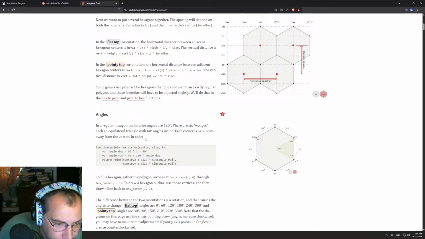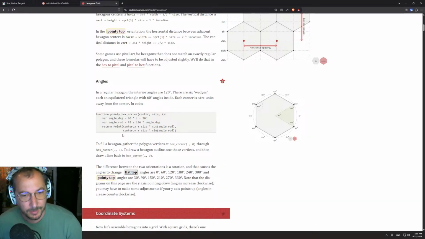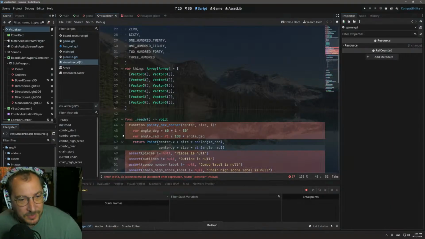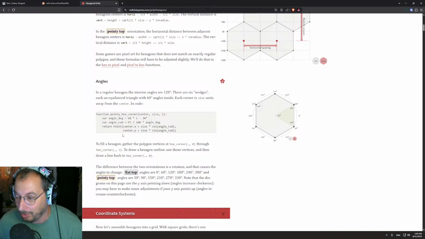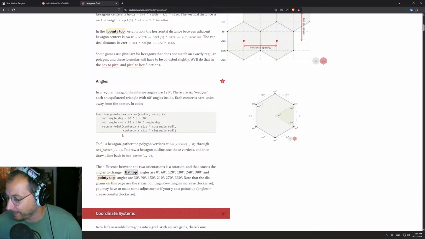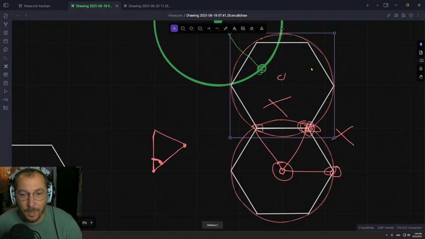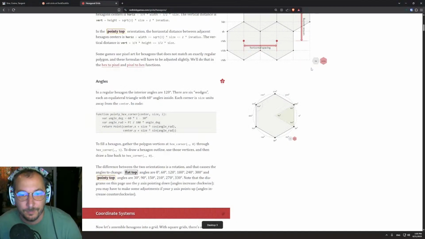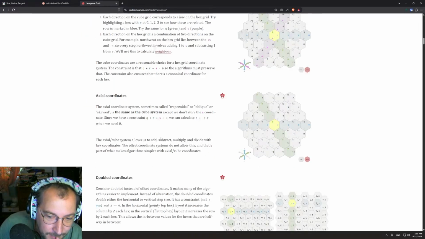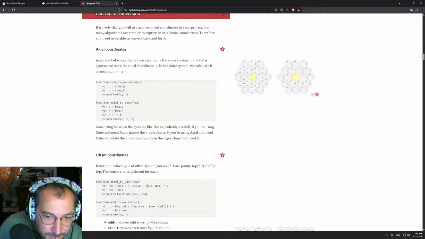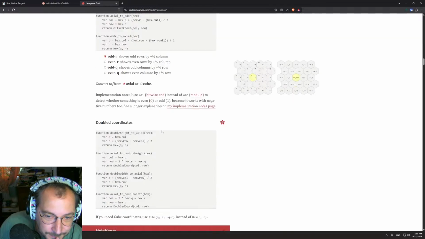So, okay, we're getting there. Math is its own programming. All this to do this once. He actually might have the math somewhere for this. It doesn't look like it.